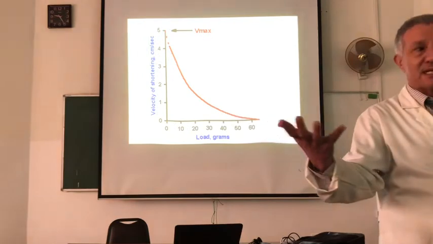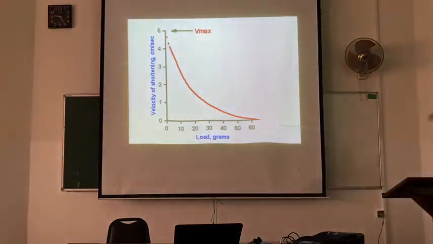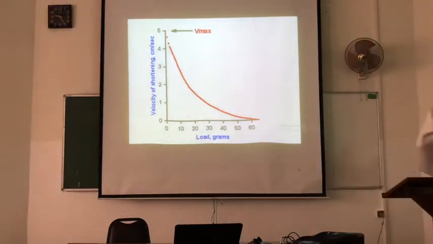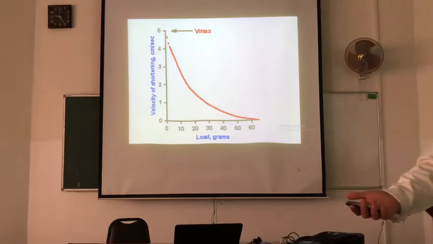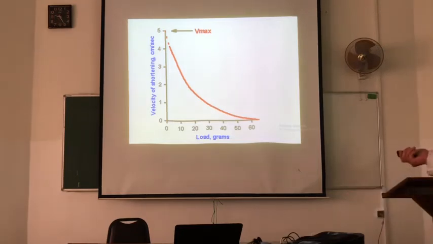Now, if you place any load on that muscle, do you have the same velocity of contraction? You start to reduce the velocity of contraction. If you have loaded that muscle over its capacity, over its performance, it cannot contract. In this case, the velocity becomes what? Zero.